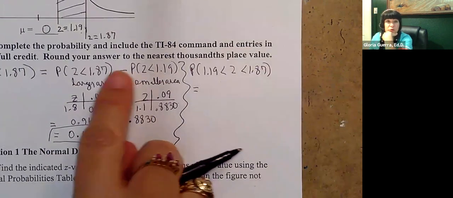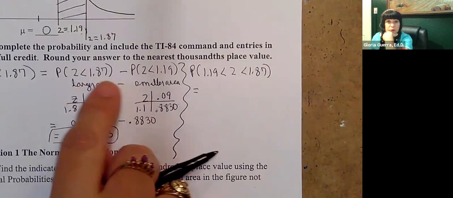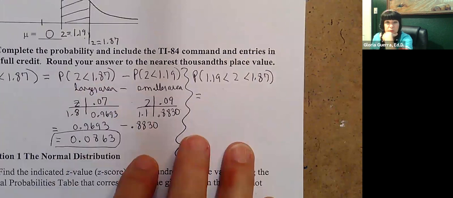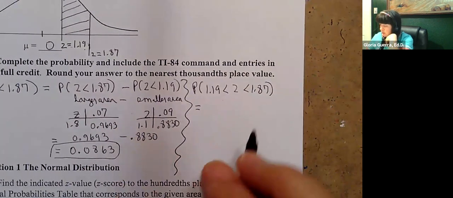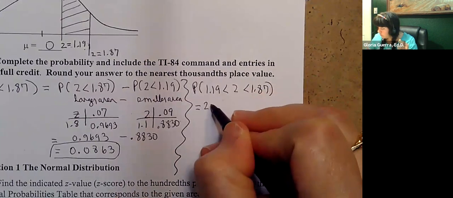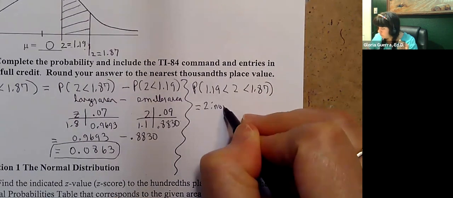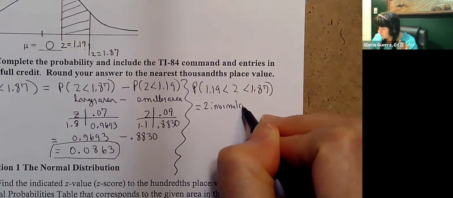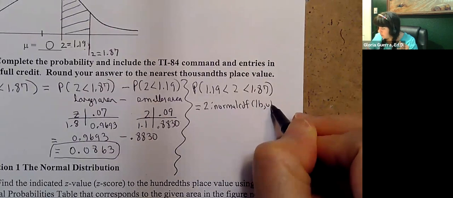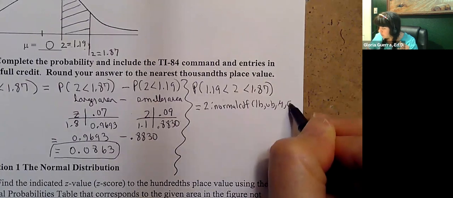So you don't need to show larger minus smaller because we're not using the tables. But you need the calculator command, which would be the normalCDF: lower bound, upper bound, mu, and sigma.